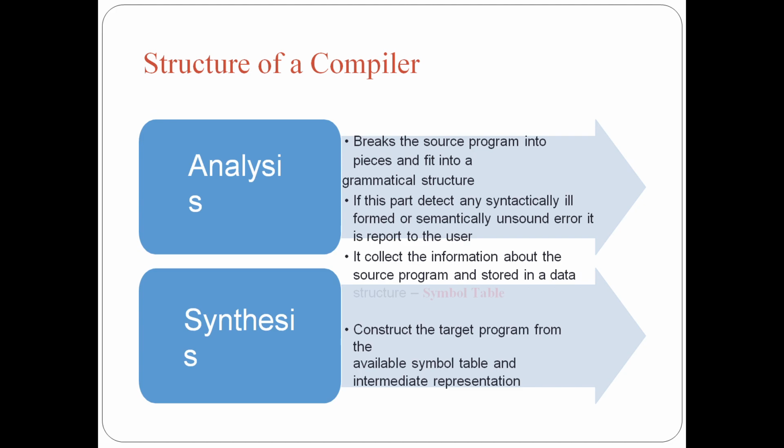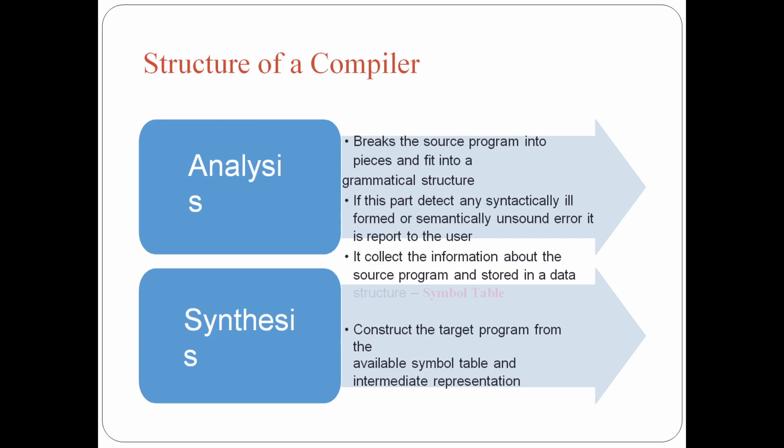During the lexical analyzer, it converts the expression into tokens, so each and every part in the expression is converted into tokens. Then the syntax analyzer will check whether it is syntactically correct or not. This second phase will detect any syntactical error, and the semantic analysis will check any type checking, any data type mismatch. All of that is verified by the analysis phase.